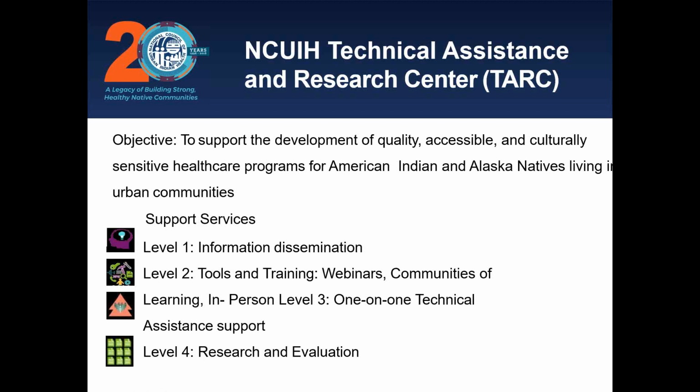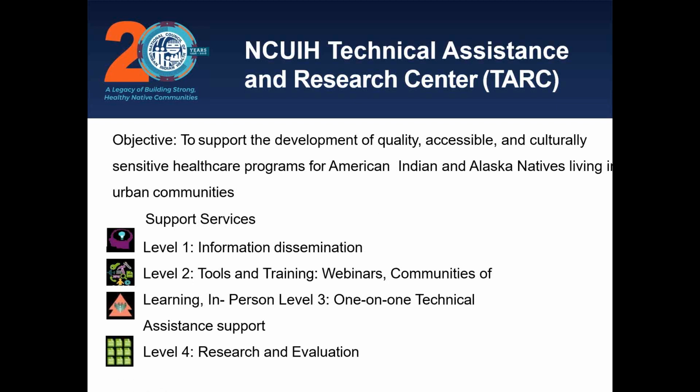As I was mentioning, there are 4 levels of services that we provide through the Technical Assistance and Research Center. Those are information dissemination, so giving out best practice tools and information and publications that support capacity building for your health centers, urban Indian health centers and organizations.